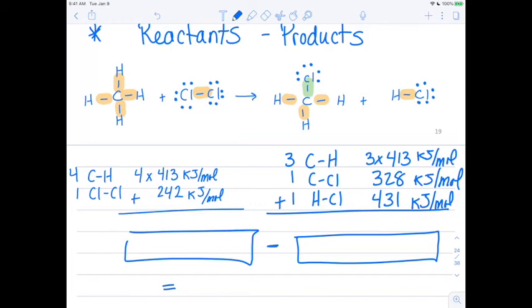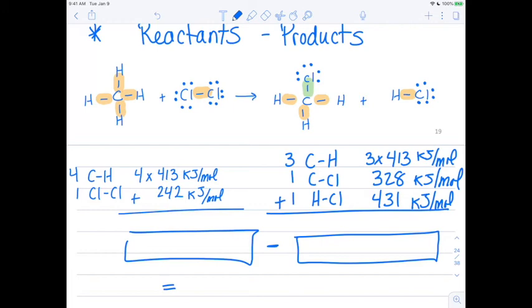When y'all get values, go ahead and type that into the chat box. All right, so it looks like Tasso got negative 108 and Dravin got 104.